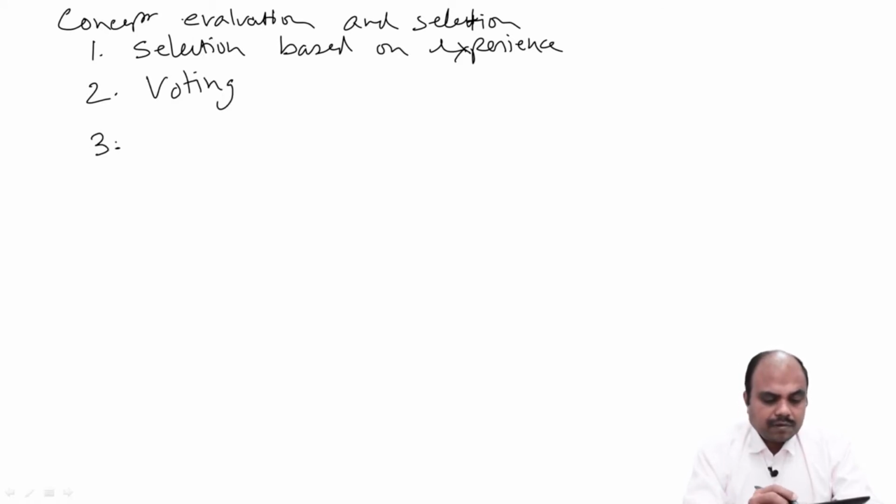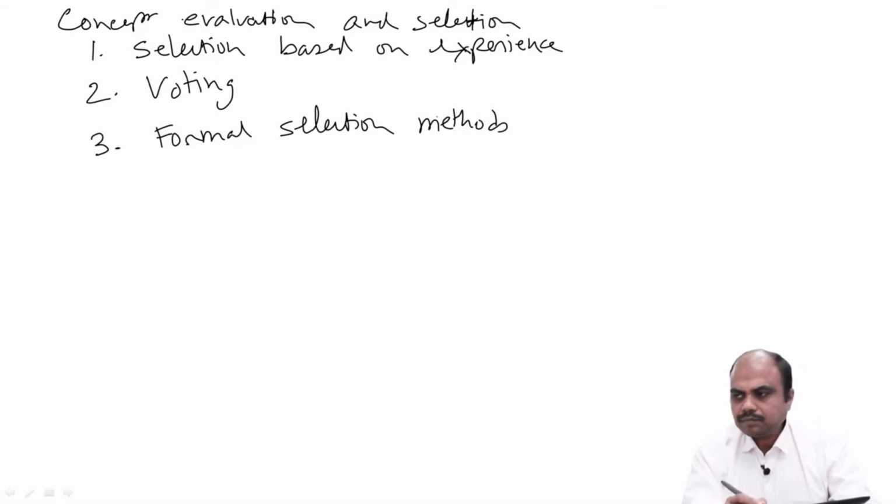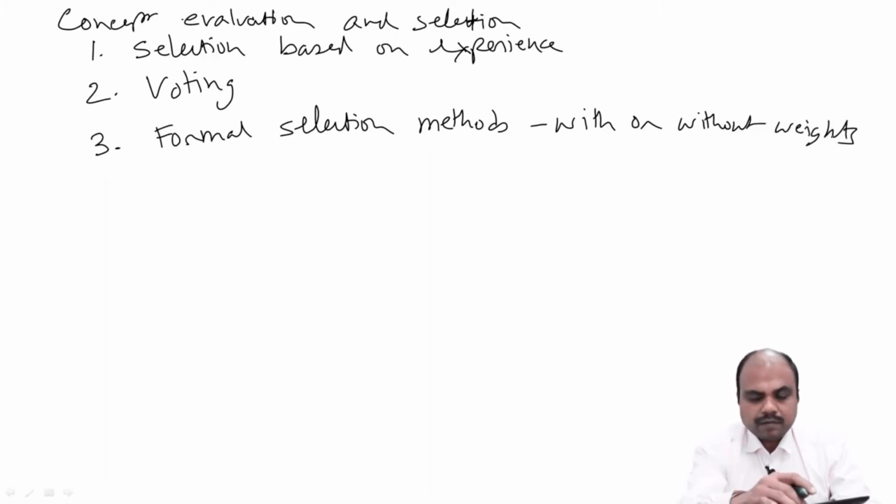And the third one, which we are going to learn here, is formal selection methods, with or without weights.